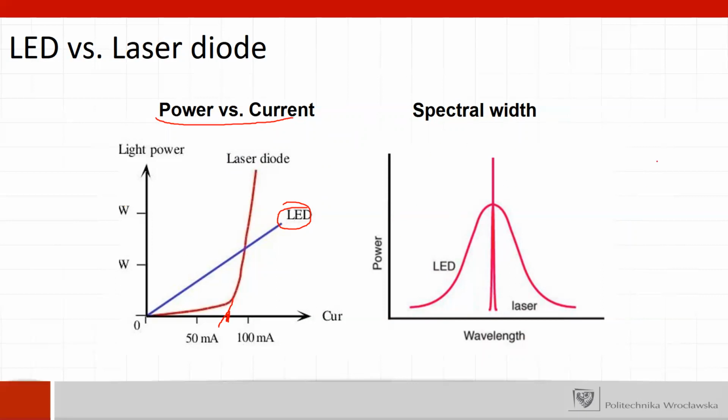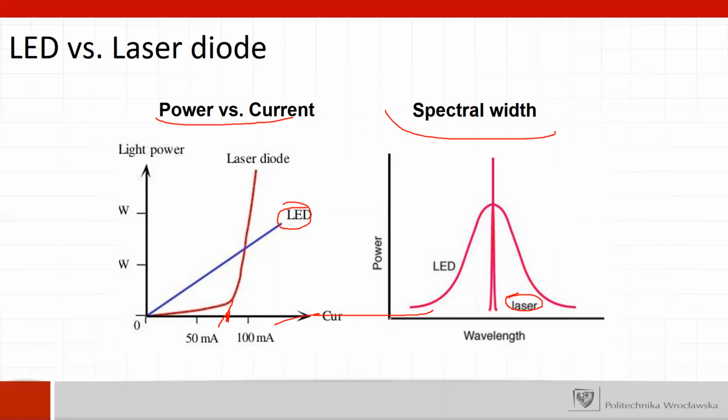The second important difference between an LED and a laser is the spectrum. The LED has a much broader spectrum than a laser, because the laser, as we know from the Schawlow-Townes equation, will have a narrowed line in comparison to the free spectral range of the cavity.